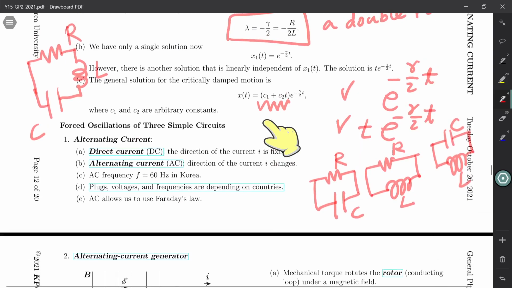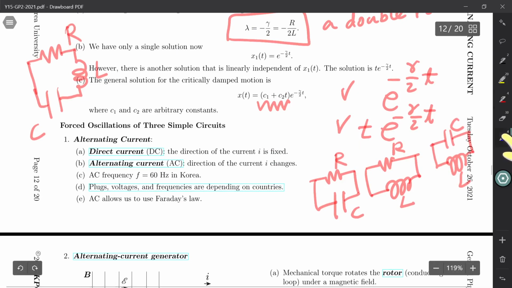What happens if we apply EMF of alternating current?